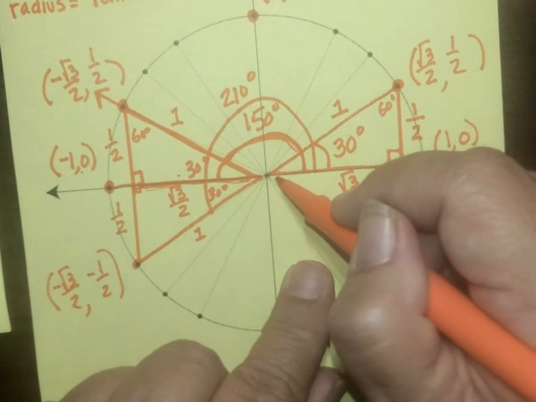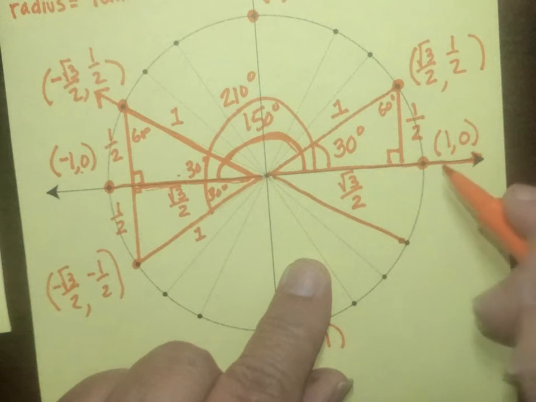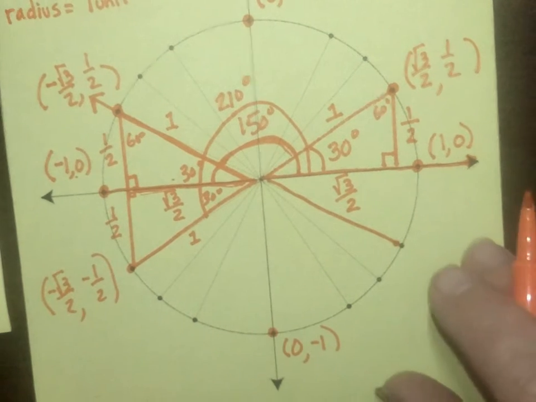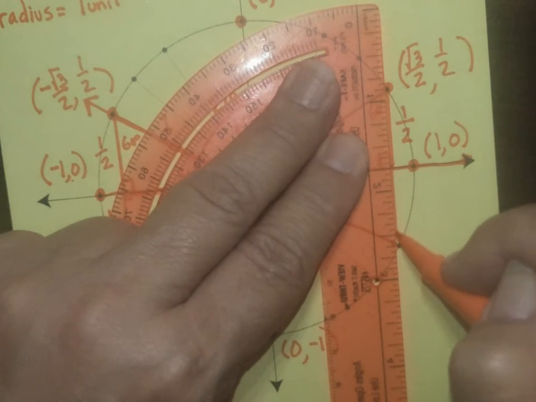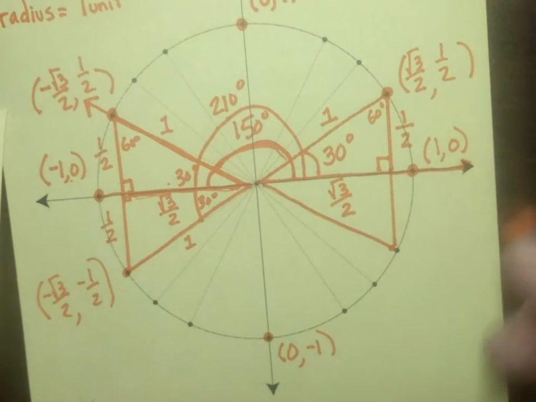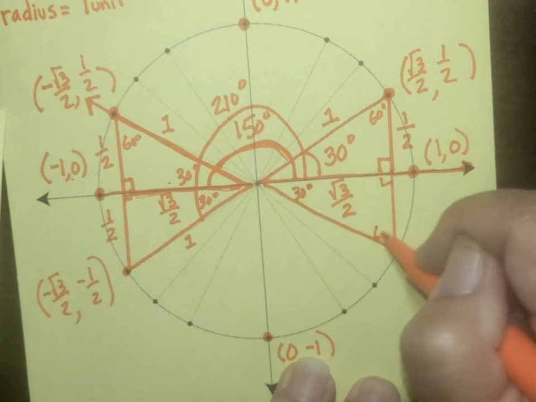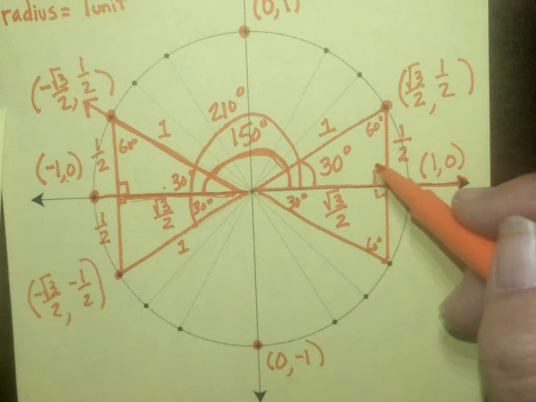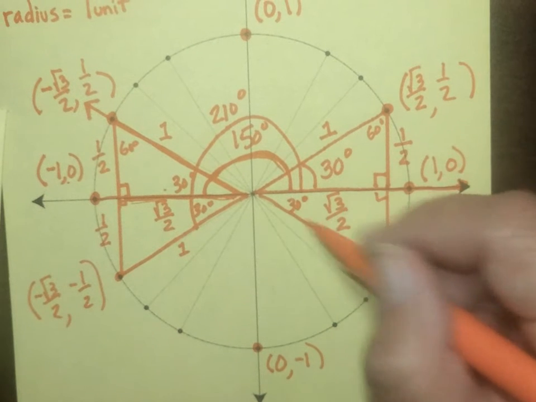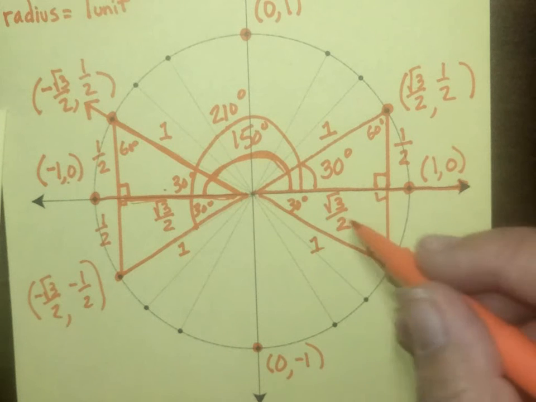We got one more to go, this guy right here. Same thing, if I drop a perpendicular, I am forming a 30, 60, 90 triangle. It's congruent to this triangle. The radius of the circle is 1 because it's a unit circle.